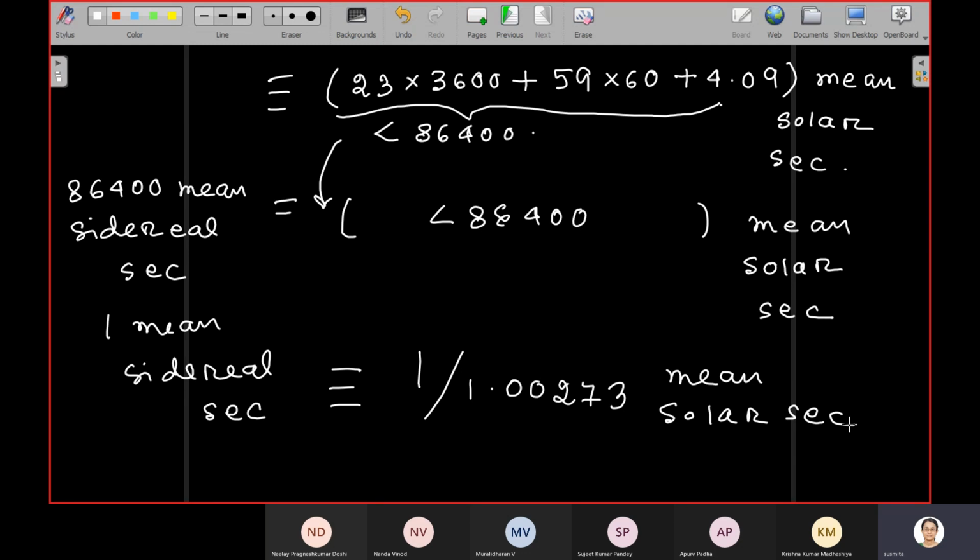Everything is derived from the length of a day, whether it is the mean solar day or the mean sidereal day. You can derive the length of a second from that. From the mean solar day we get the mean solar second, and from the mean sidereal day we get the mean sidereal second. This is how we can relate the two lengths. Any question?